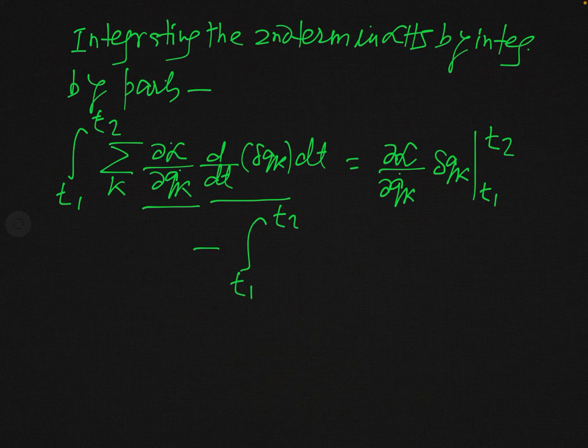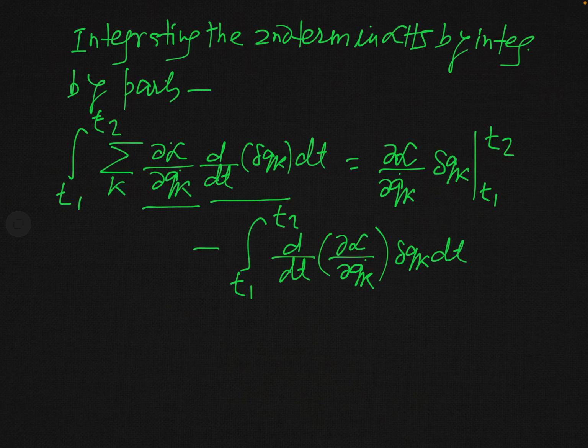The first function is del L by del qk dot, so its differential will be d dt del L by del qk dot, times the integral of the second function. The integral of this second function, we have seen, is simply delta qk dt.